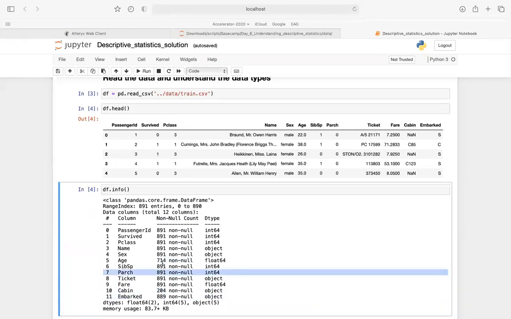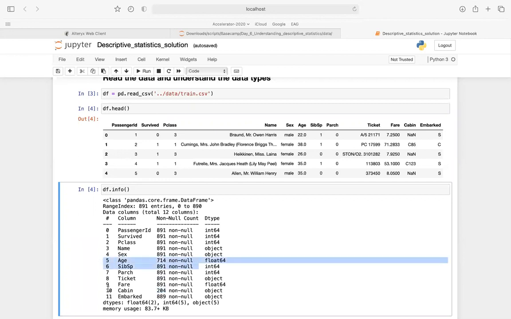Anyone want to make a wild guess? Age of others are not known. Null. Shiva Lakshmi is absolutely right. This tells me I have some null values in the age column. Similarly, I have some null values in the cabin column. Because if I don't have any nulls, then my non-null count should match my total entries. Is that correct?